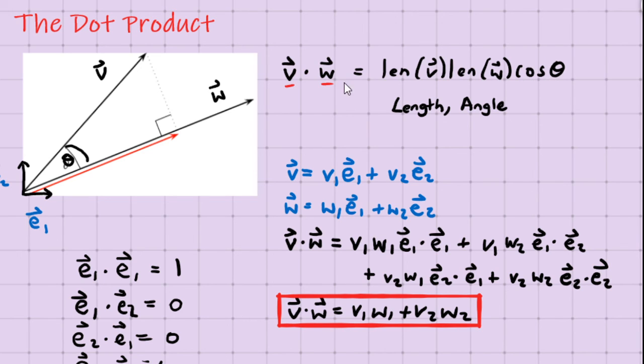If you chose, for example, some other product, let's call it v triangle w, where we define that to be the length of v times the length of w with no cosine theta, it would be an expression that might be useful.